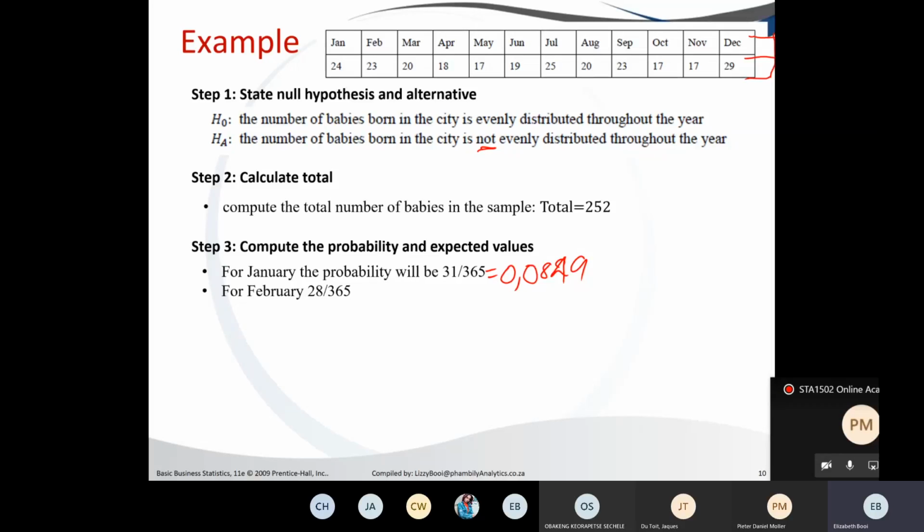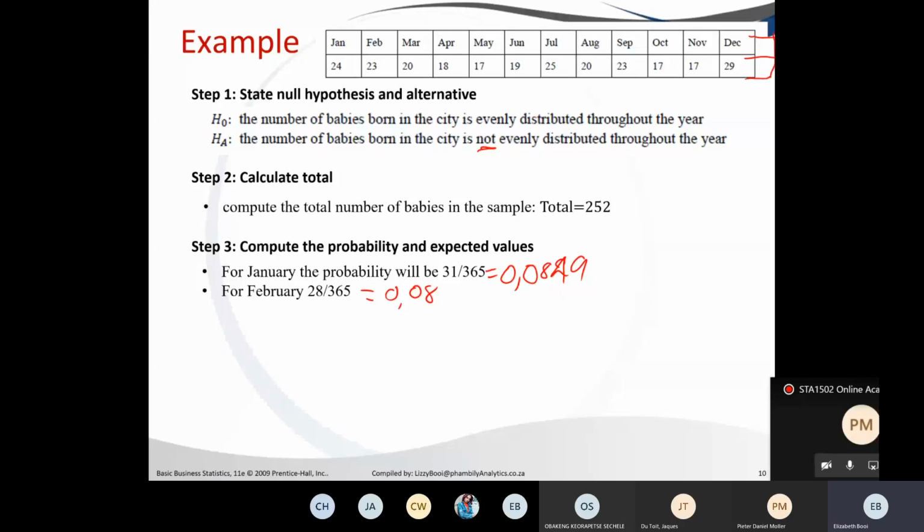It will be 0.08. If I keep my calculator to 2 decimals, this will be 0.08. Okay, and then you do the same. The probability for February will be 28 divided by 365, which gives me 0.08 as well. I kept my calculator to 2 decimals.